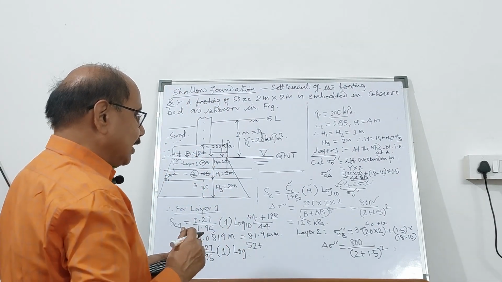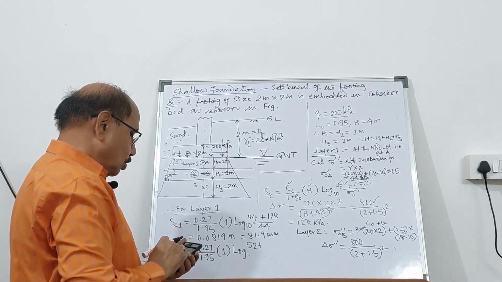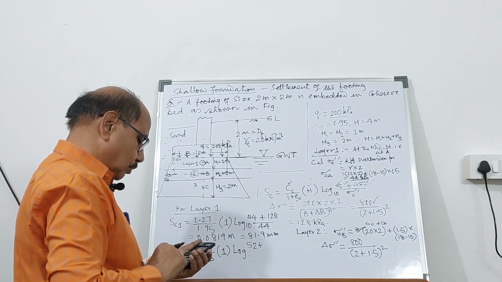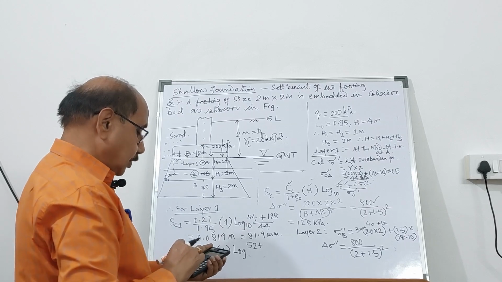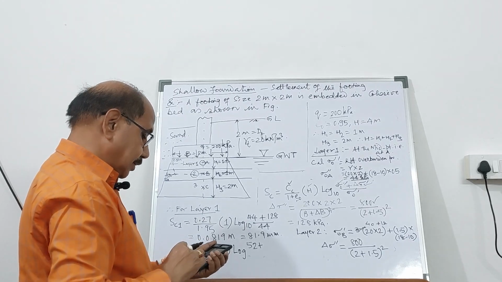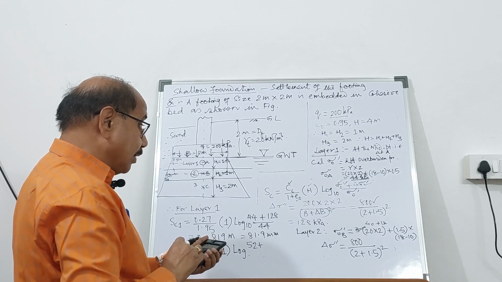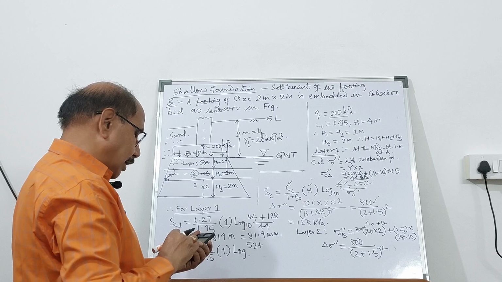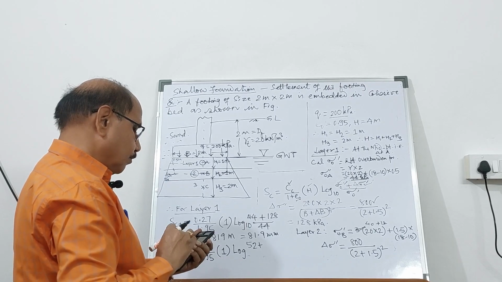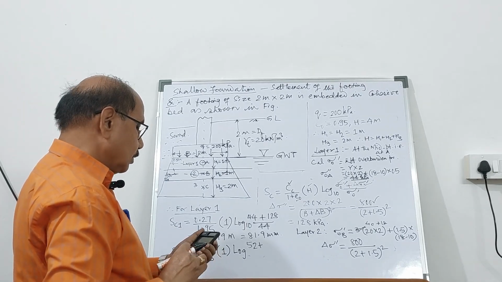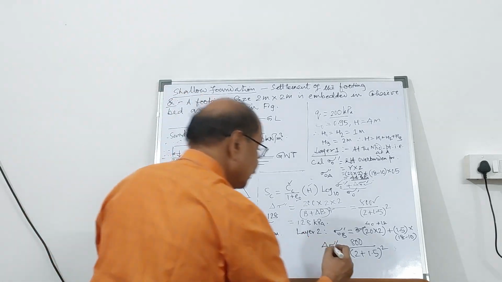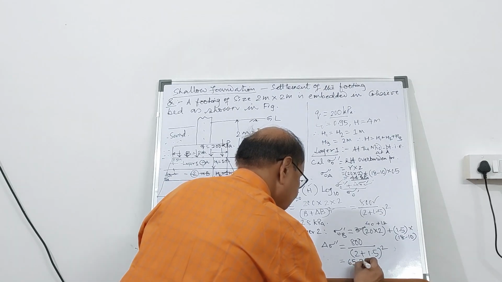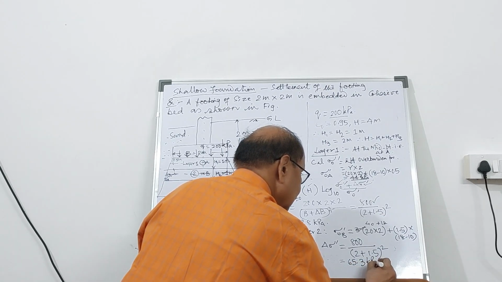So it becomes 800 divided by 3.5 square, that is 65.3 kilopascal.